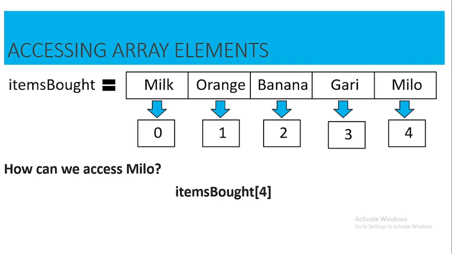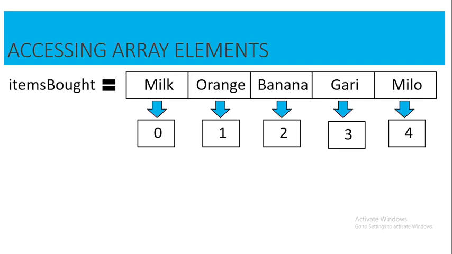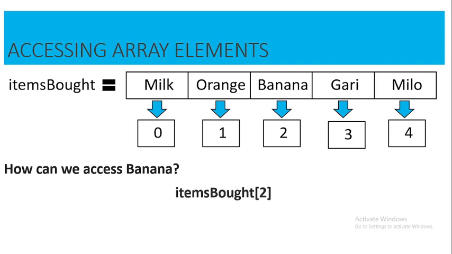With the square bracket. How can we access banana? It looks like items-bot, square bracket open, then 2, square bracket close. Why? Because the index of banana is 2.